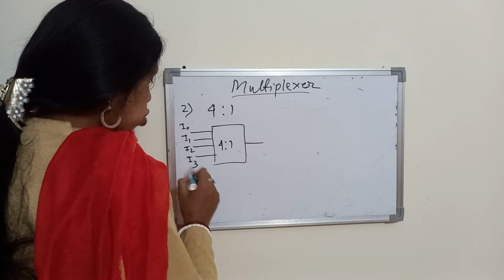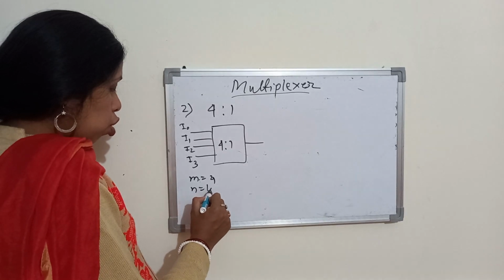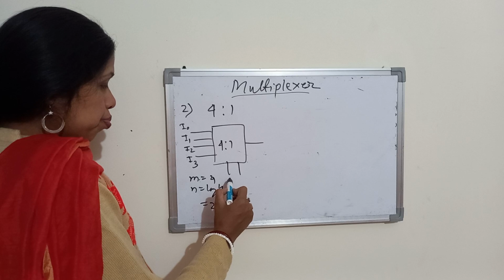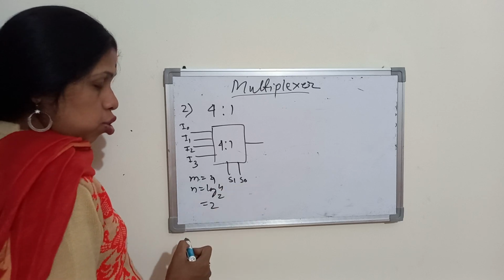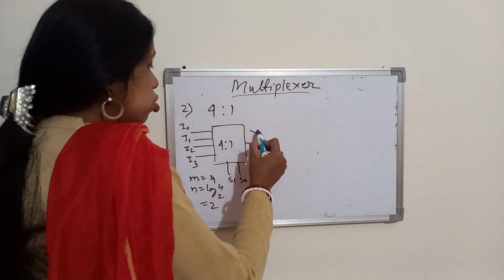And from the relationship, I can calculate if m is equal to 4, n will be log 4 to the base 2. It will be 2 only. Select lines 2, S1, S0. Now here it is your Y.